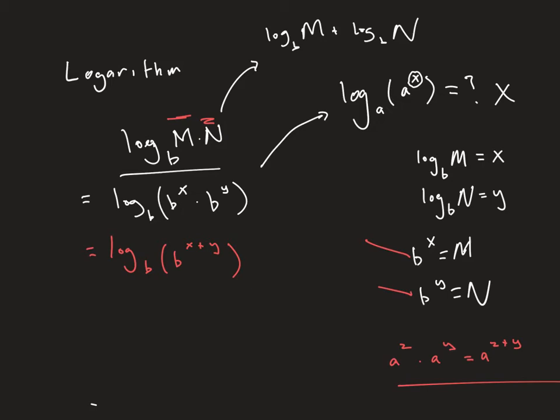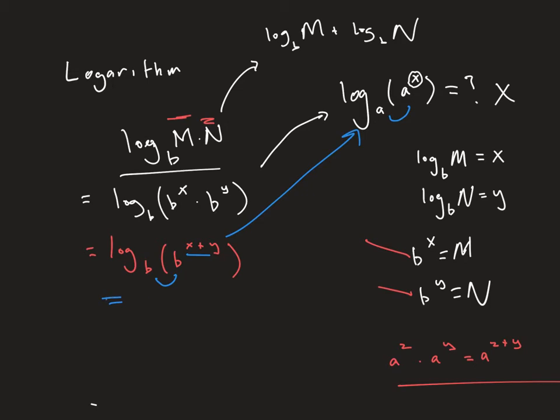So let's continue. Well, based on our property from up here, that x plus y is the solution to our log. Because remember, x was what was in the power when we had the same base. Remember we had a and a, here we have b and b, so it's just whatever's in the power is the answer.